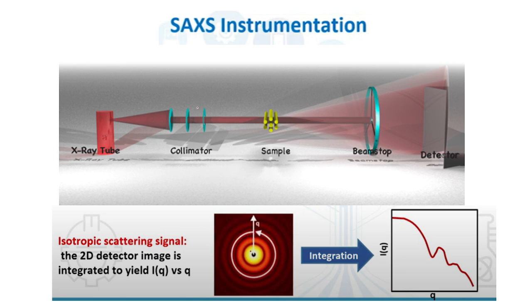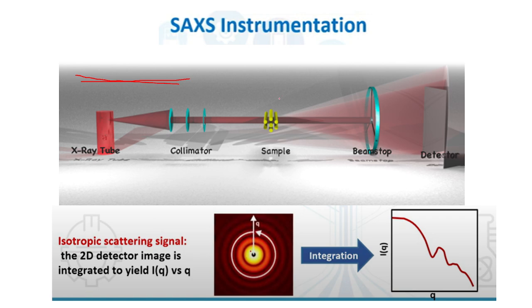Why? Because you see, it is irradiating at a very shallow angle, so to get a very small angle forming, that's why you need a larger distance between the sample and detector, since the angle of incidence is very small.